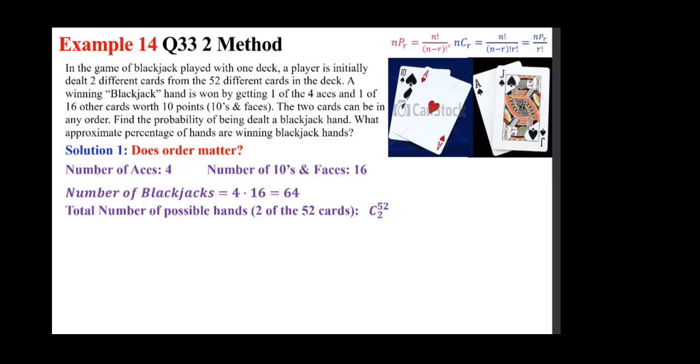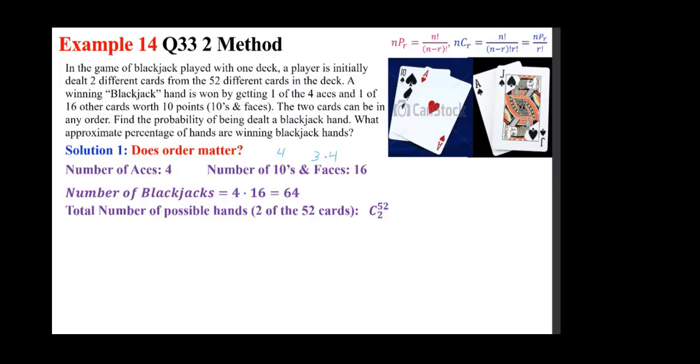Number of aces is 4. Number of tens is 4. Number of faces: there are 3 types, Jack, Queen, and King, and 4 suits. We have 12 plus 4, 16.